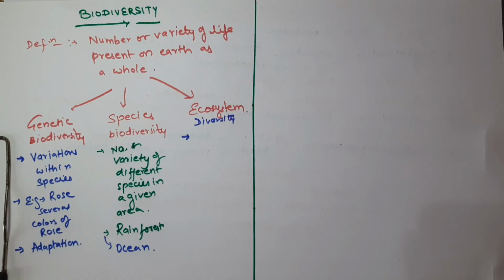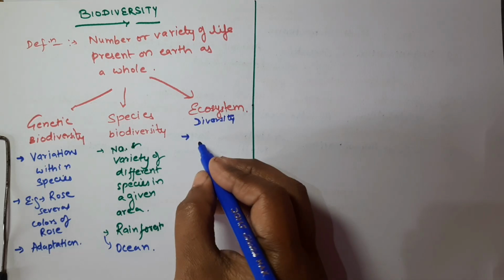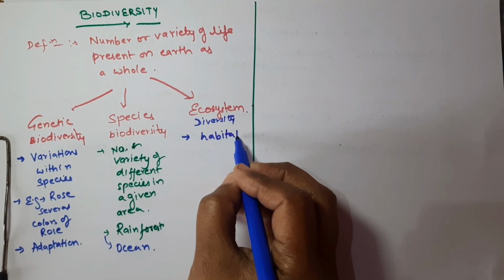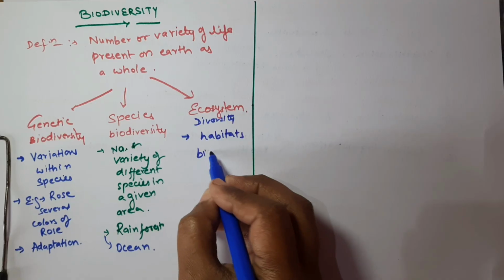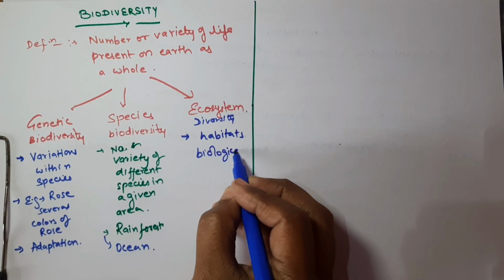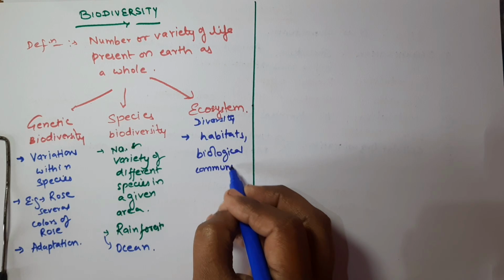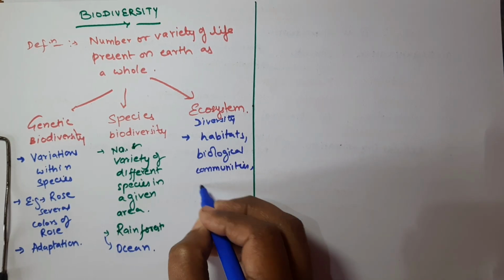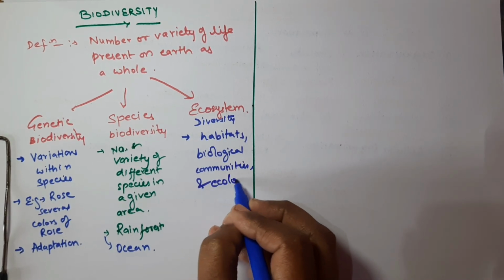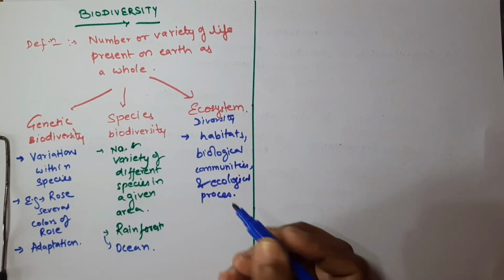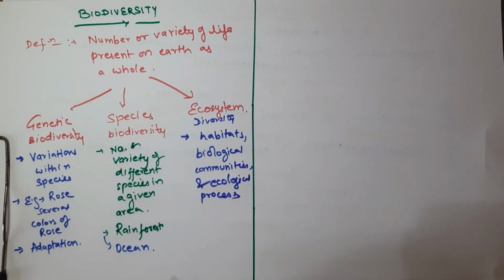Then comes ecosystem diversity. The variety of habitats, biological communities and ecological processes in the biosphere is covered under this diversity. So what will differ? There will be variation in the habitats, biological communities, and ecological processes.